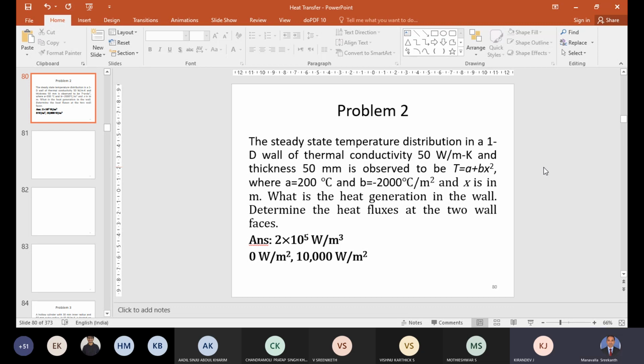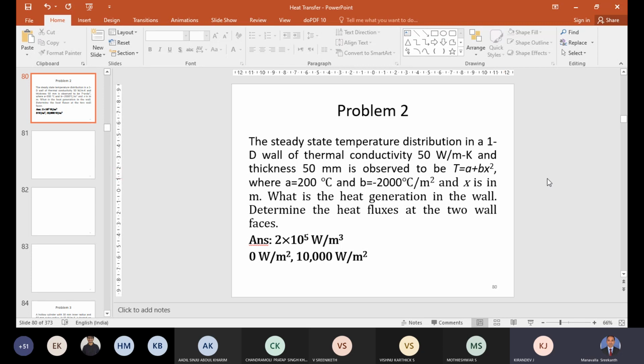By looking at the temperature distribution, T is equal to A plus B x square, can you tell whether the temperature distribution is linear or non-linear? Is it linear or non-linear? You see this x square is there. So which makes it non-linear.